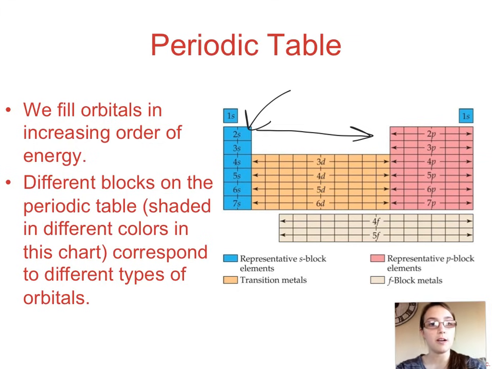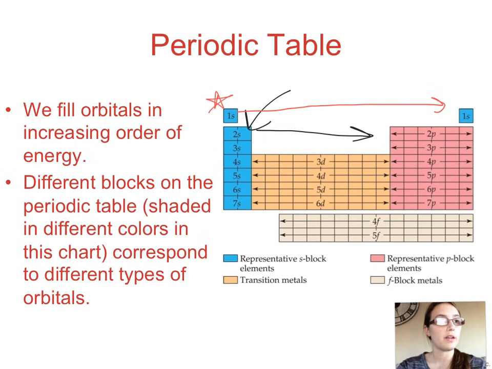So we start up here at the 1s, we work our way over, then we come down to the 2s. We fill the 2s, work our way over, then the 2p, come down to the 3s, then the 3p, then we come to the 4s.